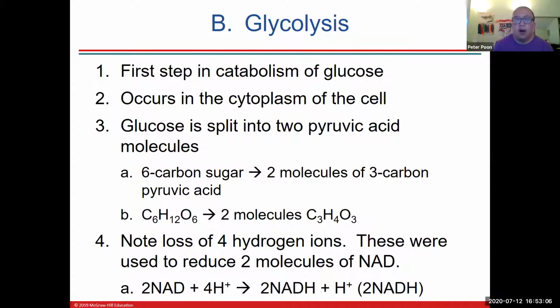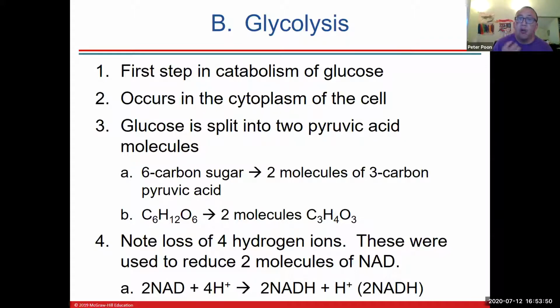So the first step of cellular respiration is glycolysis. Glucose is split into two pyruvic acid molecules. A 6-carbon sugar is divided into two molecules of 3-carbon pyruvic acid, and you see the chemical equation here. Notice there's a loss of 4 hydrogen ions.